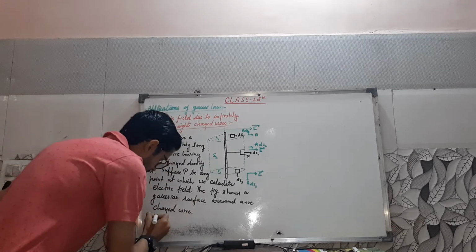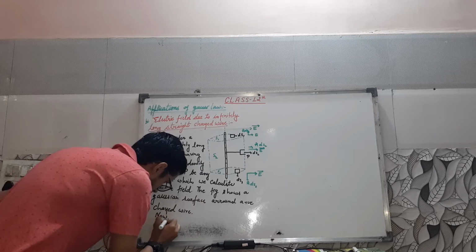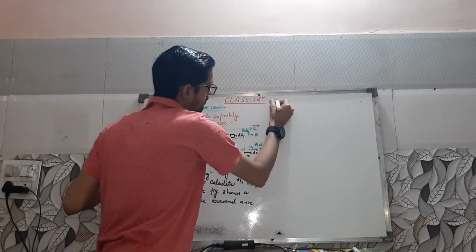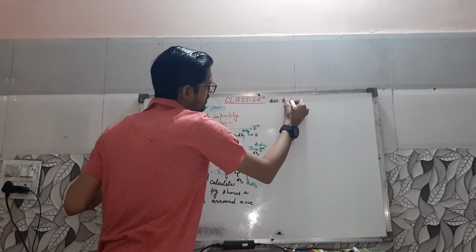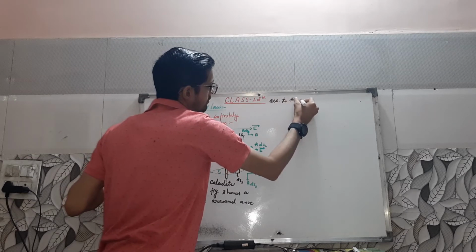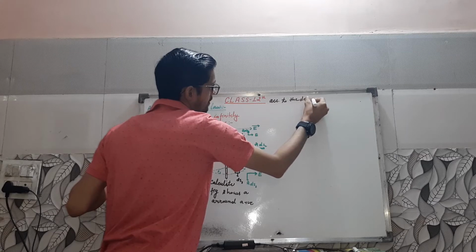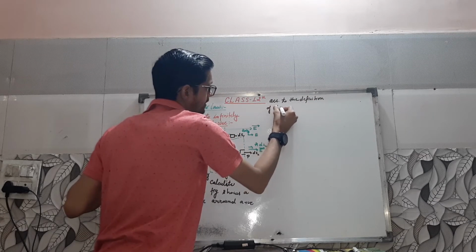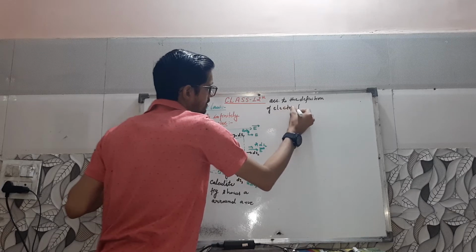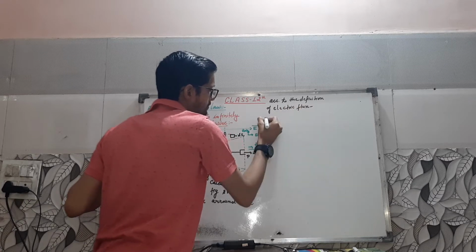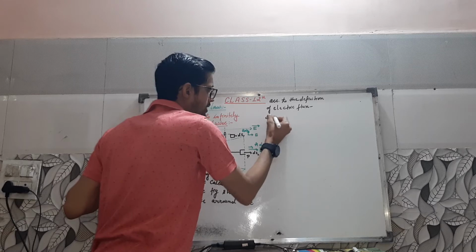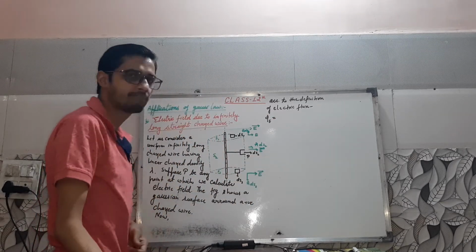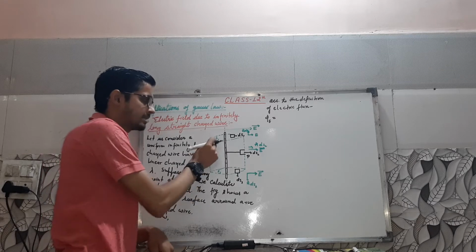Now, according to the definition of electric flux, phi will be equal to. In this case, the flux is divided into three parts, S1, S2, S3.